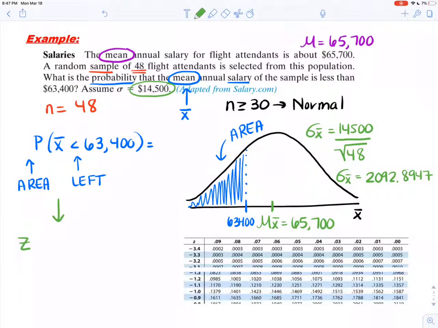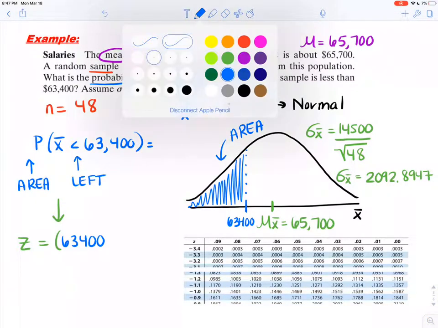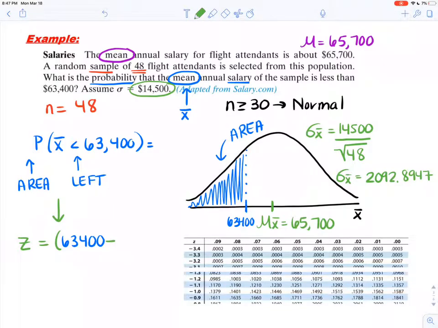All right, now, if I'm going to use my table, I have to have a value of z. So using the same method that we've defined in the previous section, in section 5.2, to get my z-score, I'm going to take this sample mean that I want to look at, 63,400. I'm going to subtract its mean, which was 65,700, and I'm going to divide by its standard deviation, which, because this is a sample mean, is not sigma.